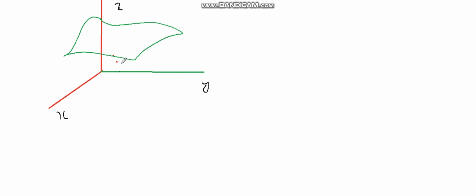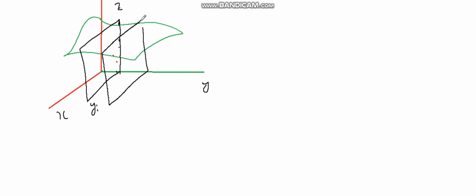So the two planes will look like this. Okay, so this is the first plane, which is the yi. Another plane, this is the yi plus delta yi.